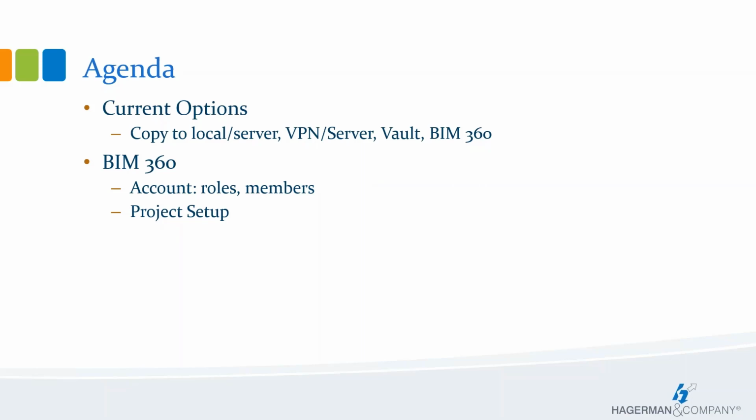These steps involve setting up your members, creating space for the project, as well as establishing some roles in order to better distribute the permissions that you'll need for Plant 3D. We'll look at the process for sharing a project from Plant 3D to BIM 360 and working in Plant 3D after the project is set up.